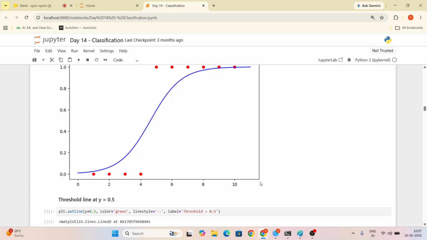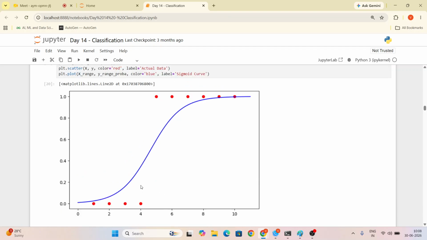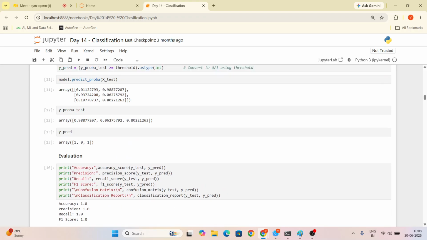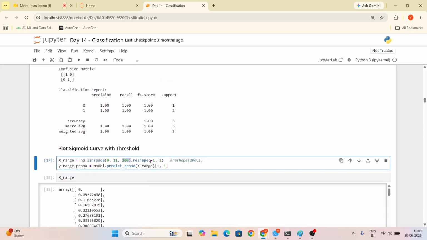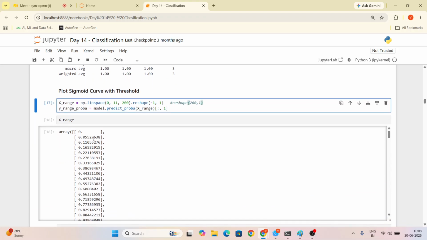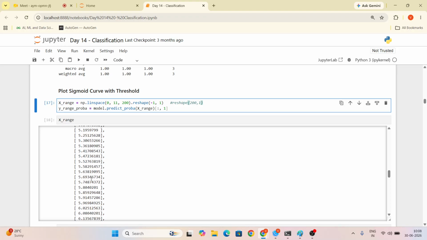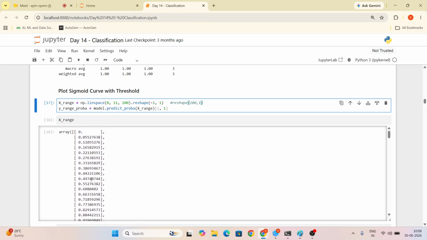On a ruler scale, from 0 to 10, there are mini lines between the bigger lines. In the same way, in the middle we have 200 lines. Got it? And we want to reshape it, so it means 200 rows, one column. I'm printing it here. Have you got my point, guys?